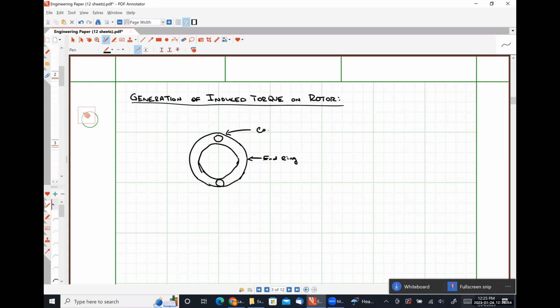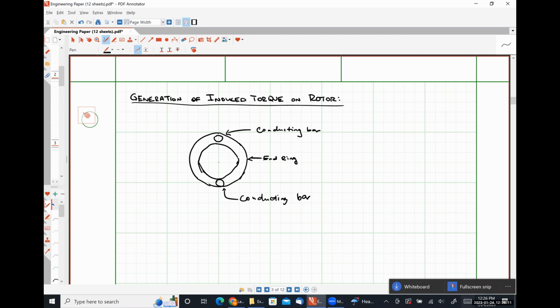So this is a conducting bar, and this is also a conducting bar.